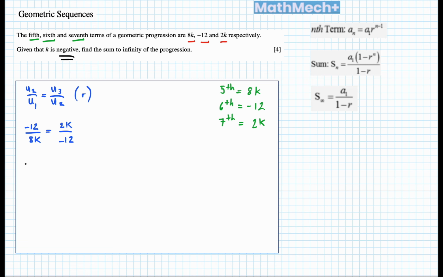And multiply across, so minus 12 squared is equal to 8k times 2k. Put out all your little steps just to make sure. So 144, positive 144, is 16k squared.